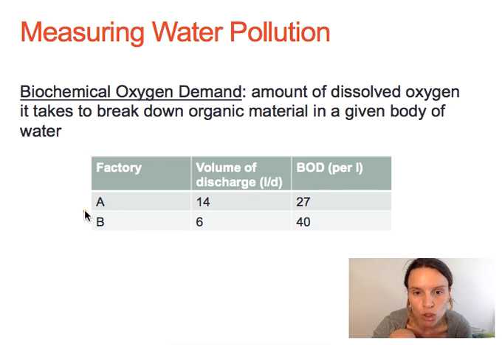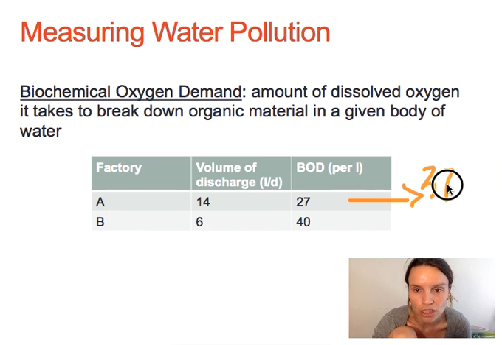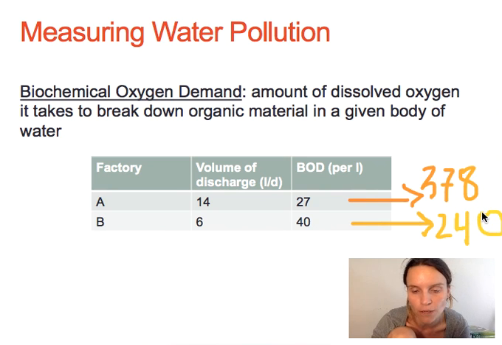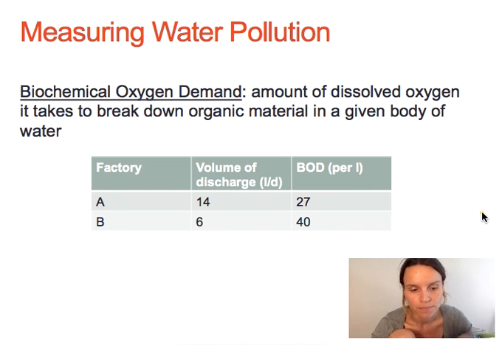But when you do the math, the overall oxygen demand of factory A's 14 liters is actually higher. It's 378 grams of dissolved oxygen needed versus only 240 for factory B because the volume of discharge is lower. So when you consider biochemical oxygen demand, it's important to look at both of those numbers.